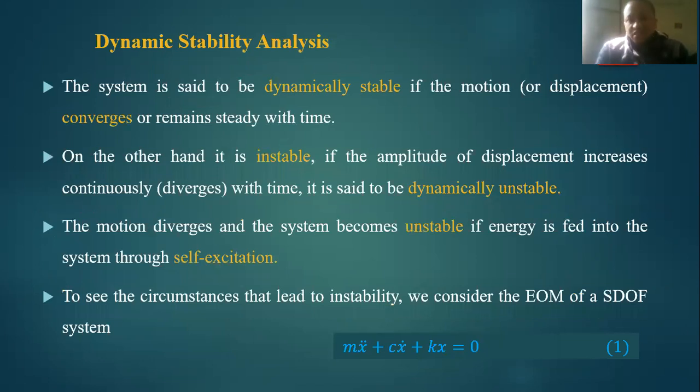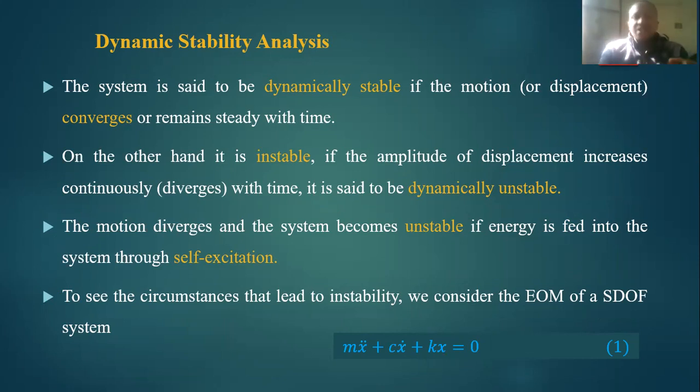Dynamic stability analysis. The system is said to be dynamically stable if the motion converges. In most cases the motion will converge or sometimes remain steady with time, but in some cases the motion diverges.